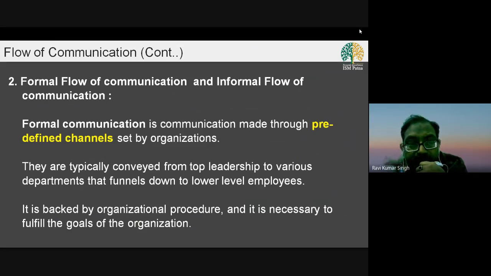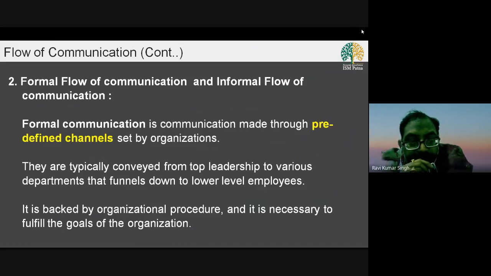Then the second category of communication is formal and informal flow. Formal flow means when the communication is made using predefined channels of the organization, like notices, like memos. So it is documented. These are official communications.